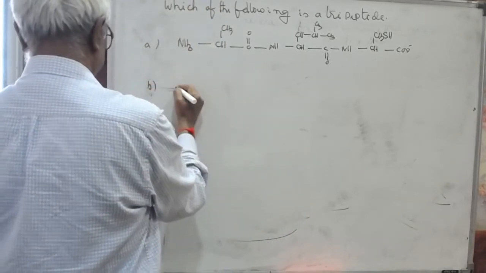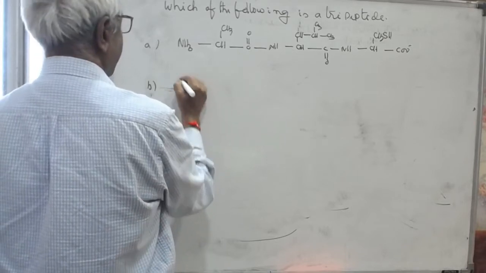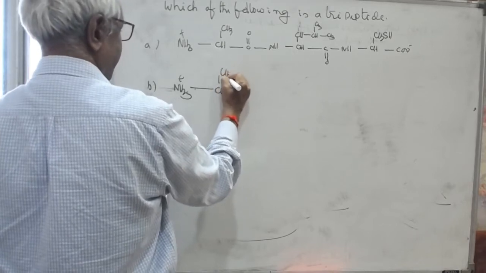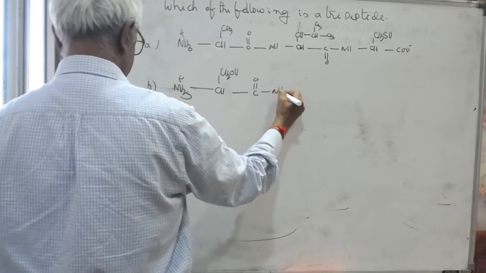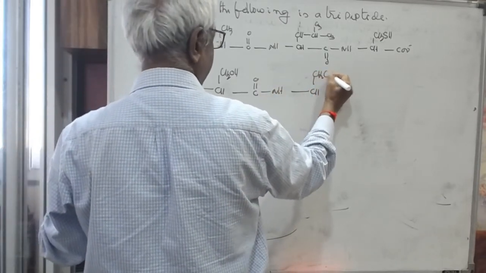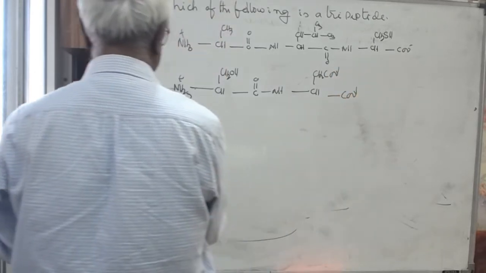B: NH2, NH3 plus, CH, CH2OH, CO, NH, CH, CH2CO minus, CO minus.